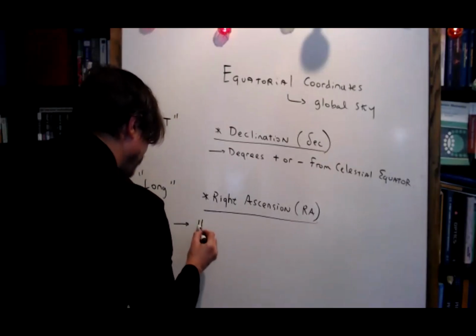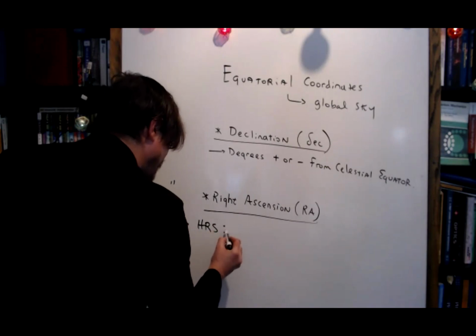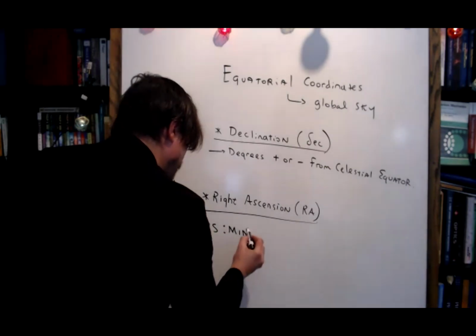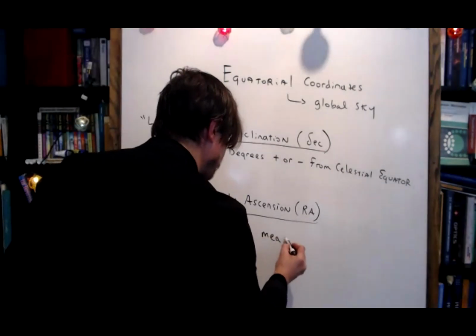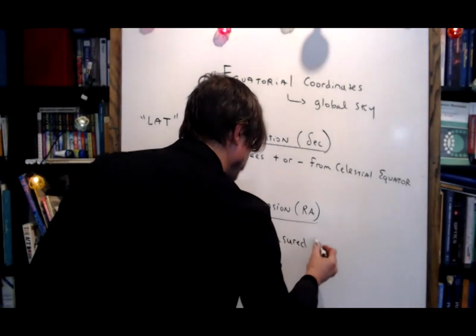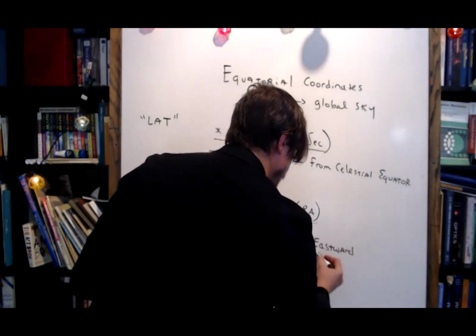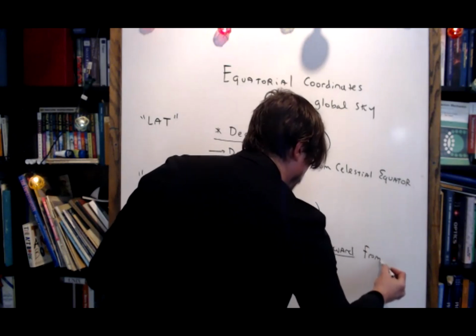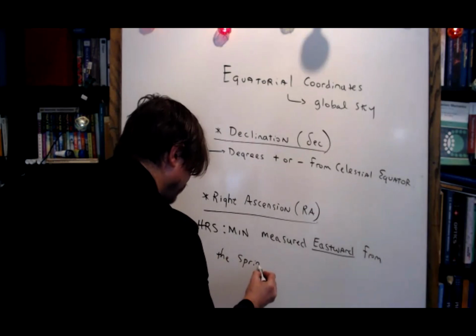Right ascension is defined as the hours and minutes, measured eastward from the spring equinox.